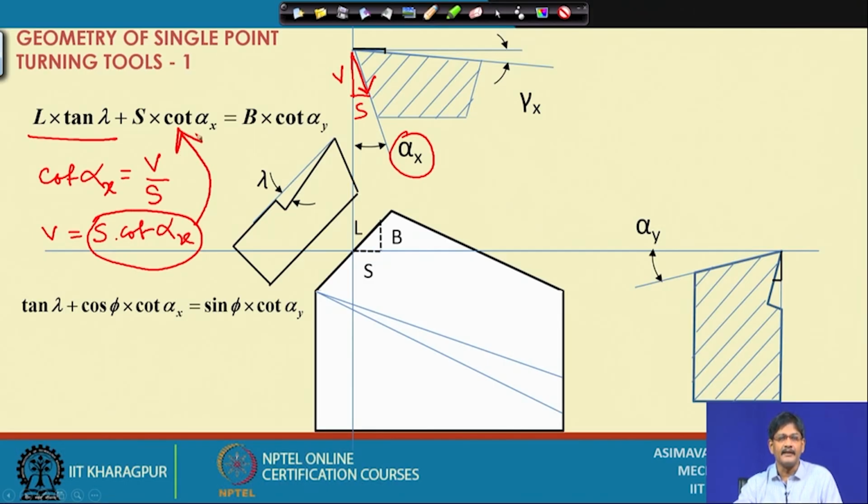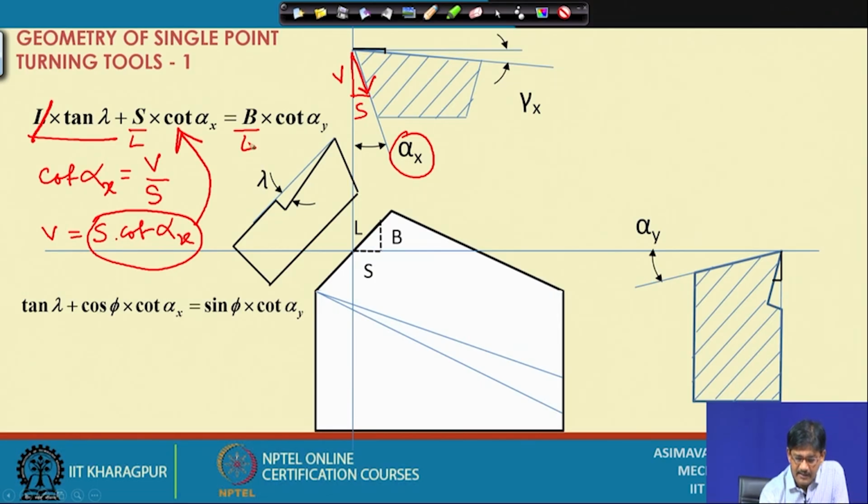All right. And therefore, we have the vertical distance down the cutting edge plus the vertical distance down the transverse plane, which must be equal to the vertical distance down in the machine longitudinal plane. After dividing the whole equation by L, L cancels out. S by L, what is S by L?